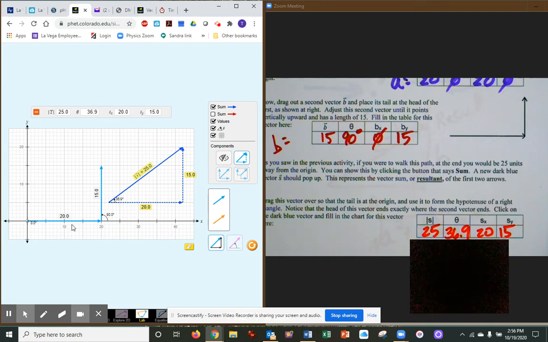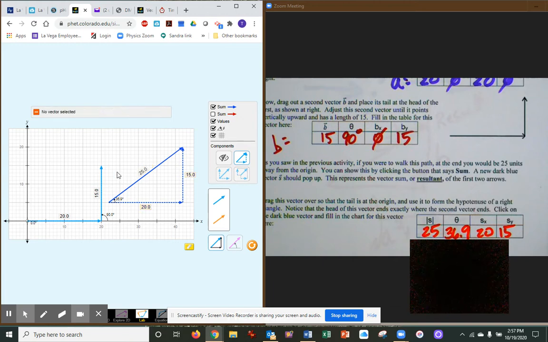But had we had more than two vectors, this may or may not have been the case. The overall legs from where you started to where you ended up, if you had more than two vectors, when you find the resultant, you would drop it down to the main axis and come across. So basically what it's telling you, if you know the two legs, you can calculate the hypotenuse.